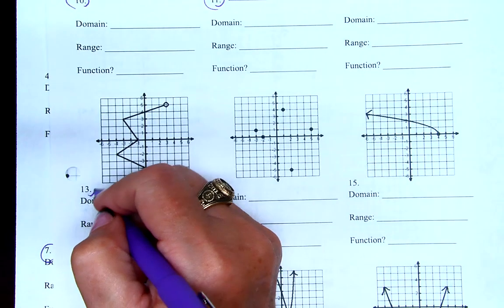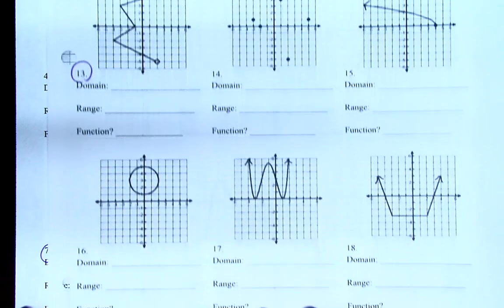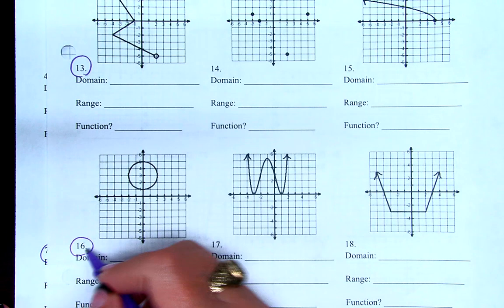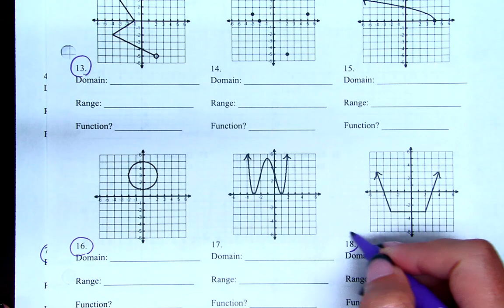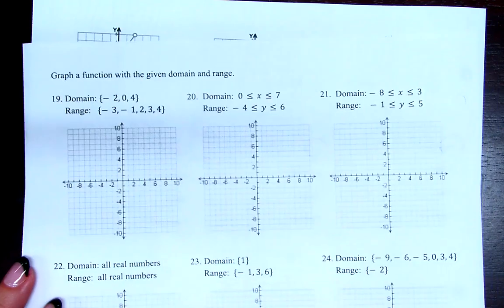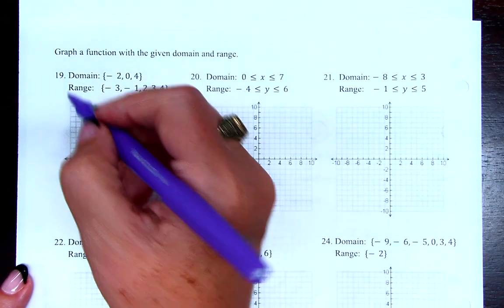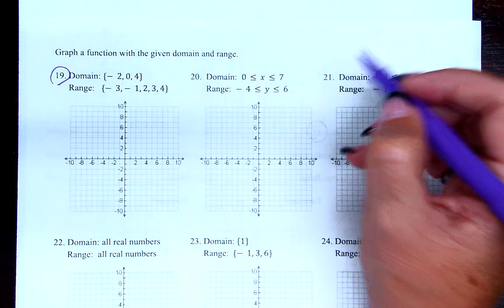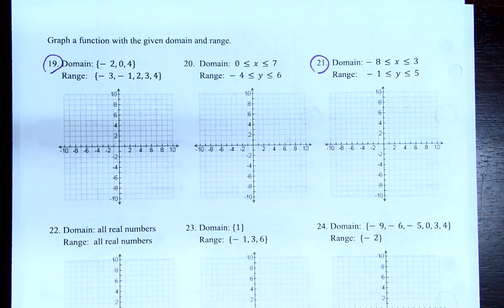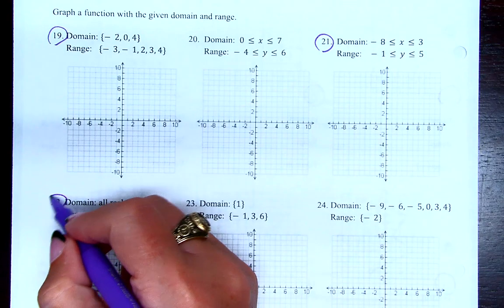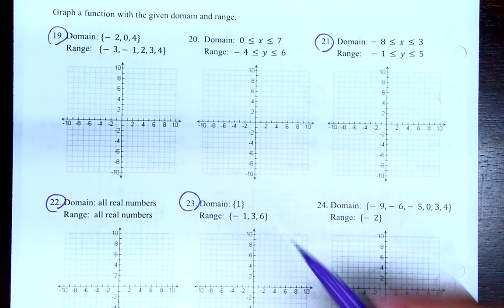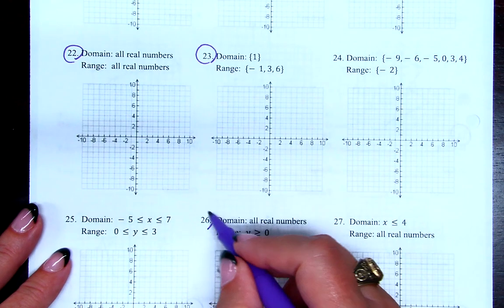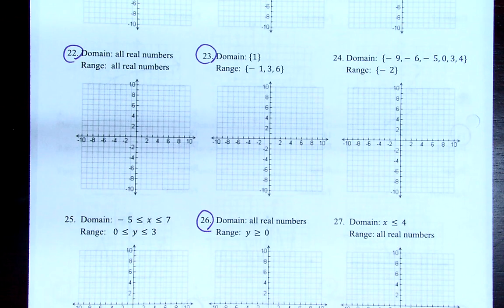Number 13, 16, and 18? Number 19? Number 21, 22, 23, and 26? Any questions?